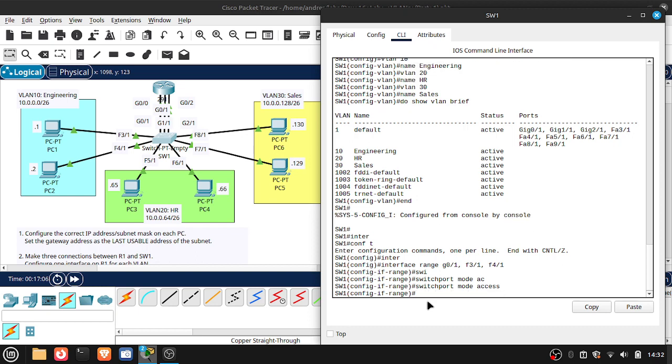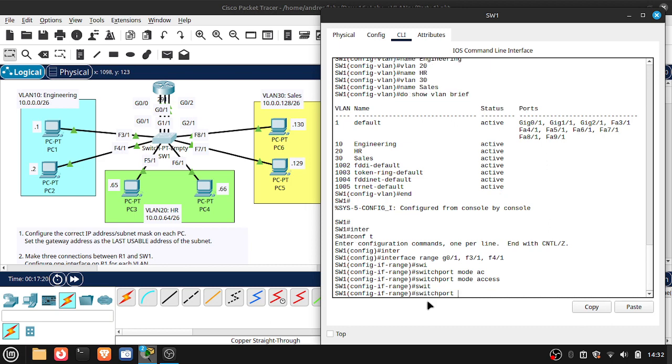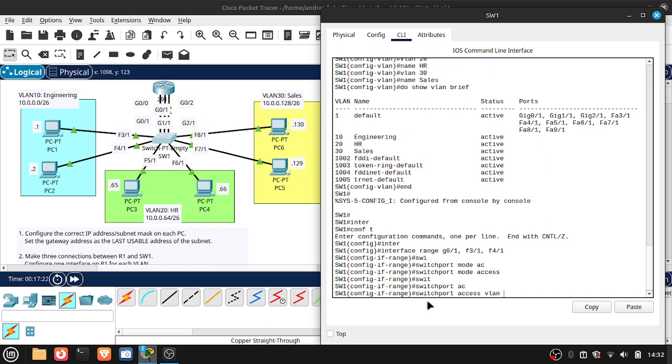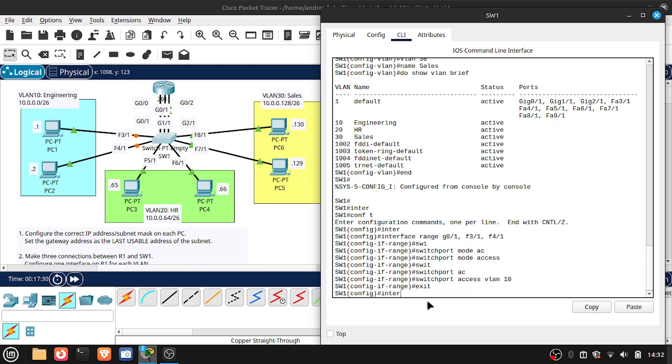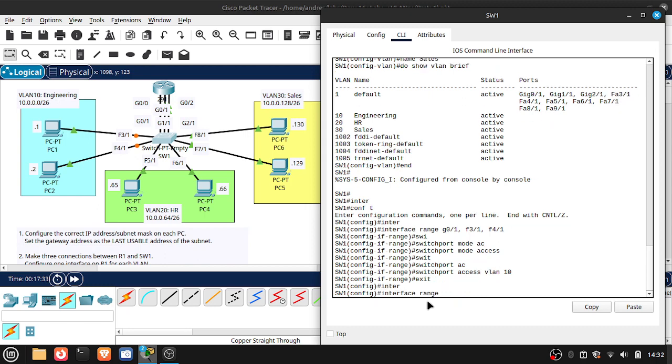Since this is mode access, we need to give it a VLAN to belong to. All of them are for VLAN 10, so switchport access vlan 10. That's it.